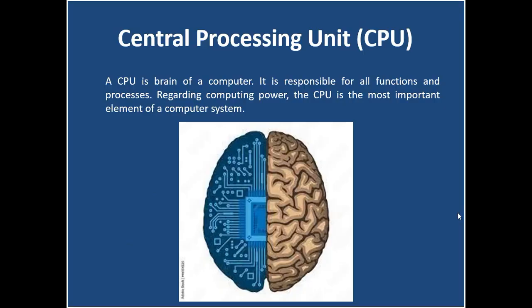The CPU is the most important element of a computer system. If the CPU is not there, then don't talk about a computer system, because it's a controller. It manages all the operations of a computer. If it's not there, then nothing can be done.